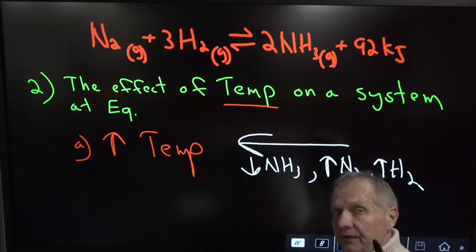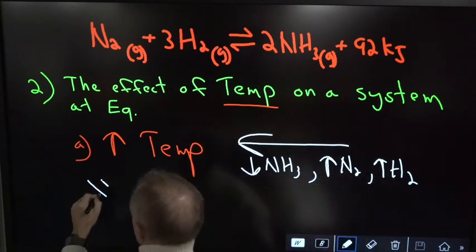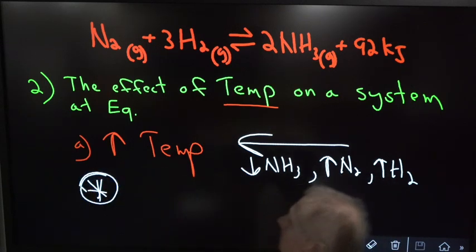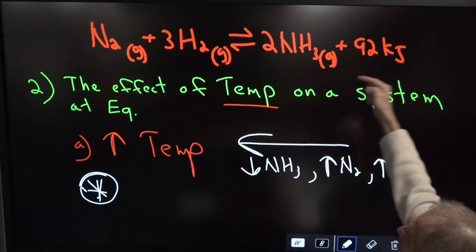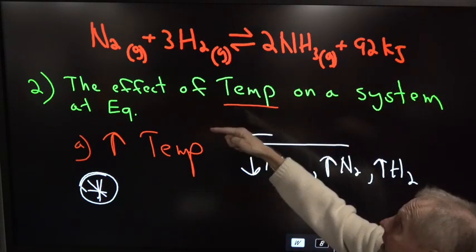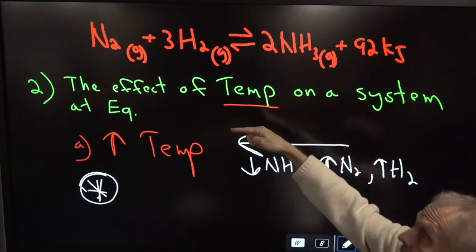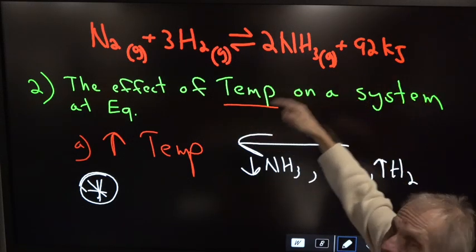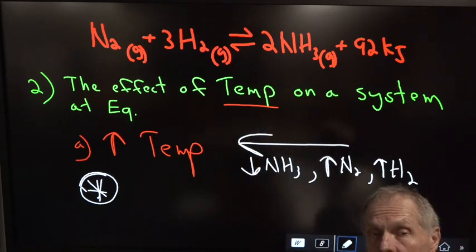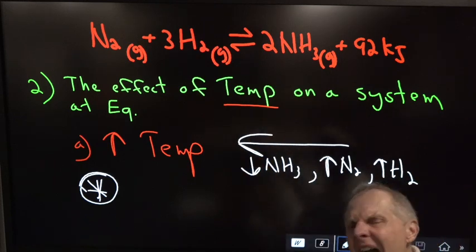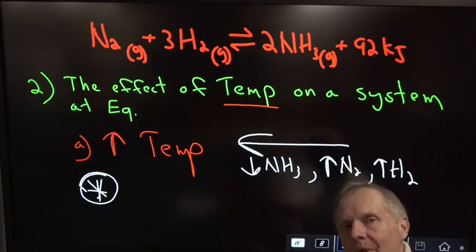And there's something else very interesting. If I increase the temperature, the reaction will go away from the energy. And if you look, this way is an endothermic reaction. So an increase in temperature favors an endothermic reaction a little bit more than an exo.